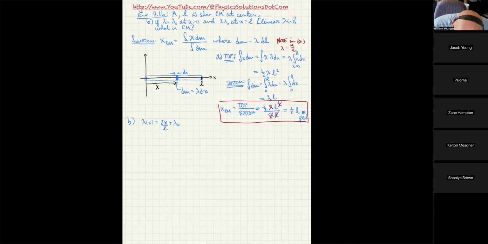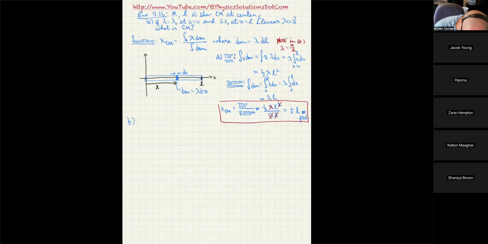So at x equals 0, we're just going to get lambda 0, but at x equals L, we'll get just 2 plus lambda 0, so that's not right. So let's think of another way.